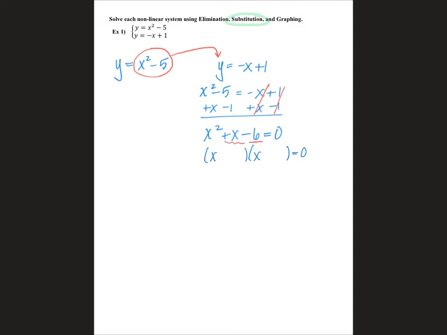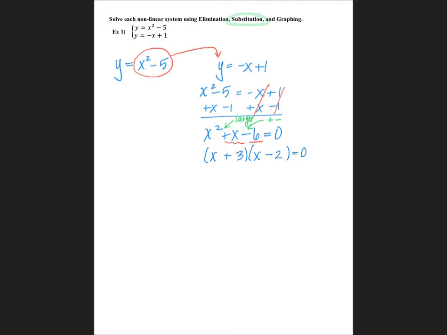Now, remembering my signs, this means I'm going to have one positive and one negative because a positive times a negative gives me a negative number, and this one means the larger is going to be positive. So I have a positive and a negative, and I'm looking for two numbers that multiply to negative 6 and add to 1. So I'm going to choose 3 and negative 2.